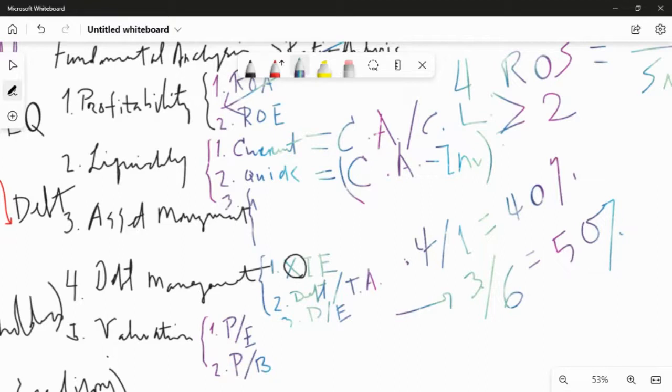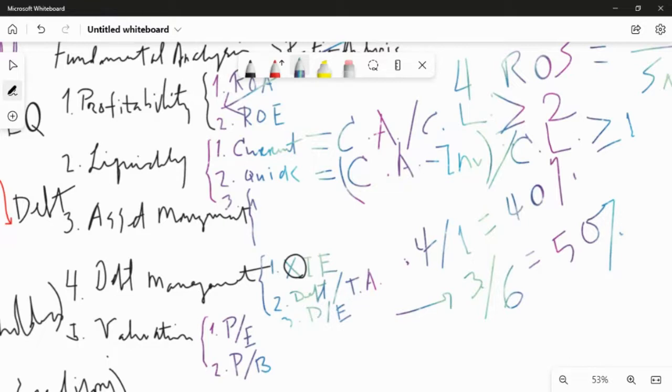You cannot just liquidate inventory overnight. Inventory takes more time, so you cannot really depend on the inventory. So you gotta subtract inventory, and you divide that by current liabilities. And this number must be greater than 1, okay? At least, equal to or greater than 1.